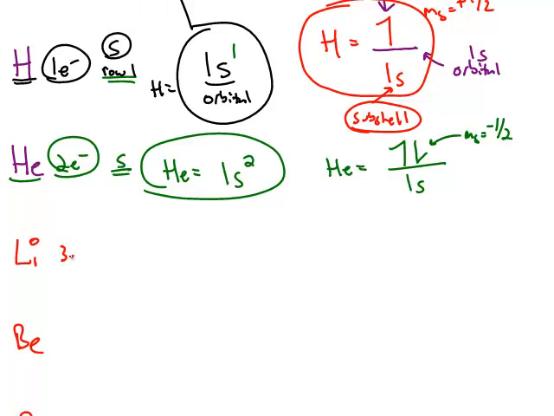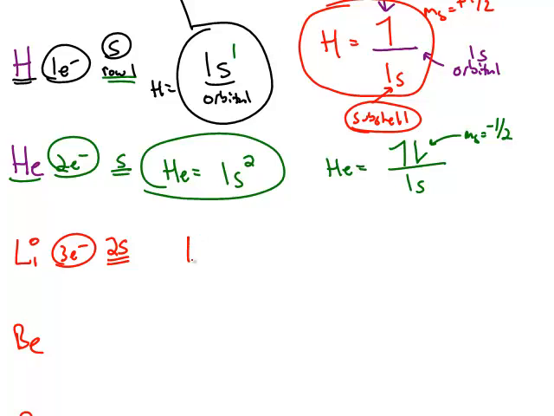Atomic number 3 is lithium, with 3 electrons. Lithium is also found in the S block of the periodic table, but notice it's in the second row down. And when you go down a row, the quantum number n increases by 1. So the last electron for lithium will end up in the 2s subshell.